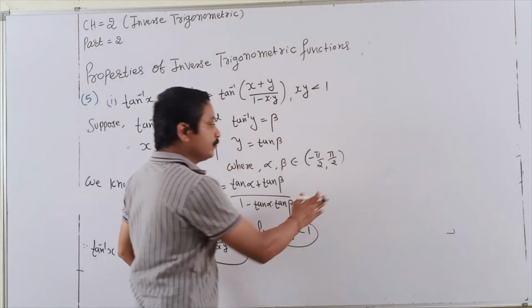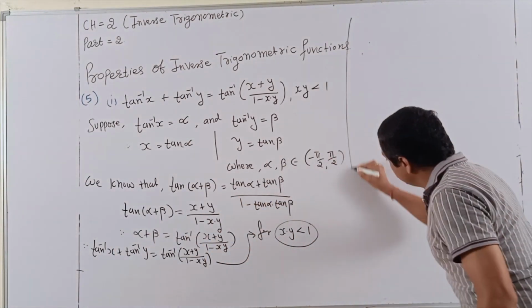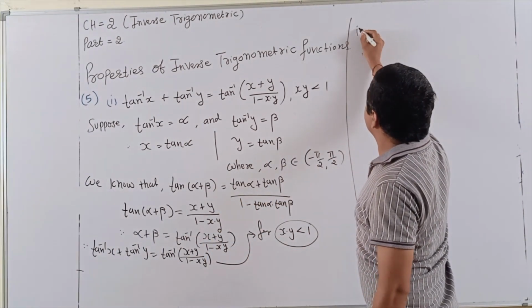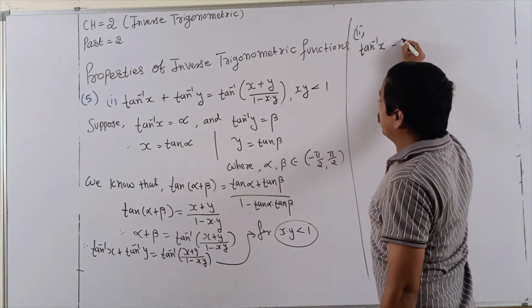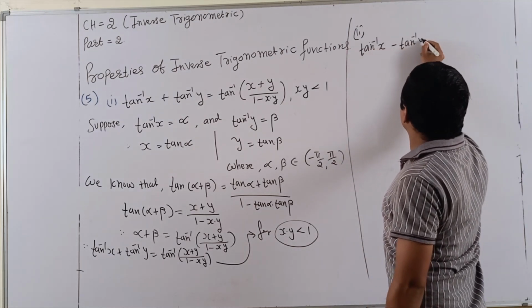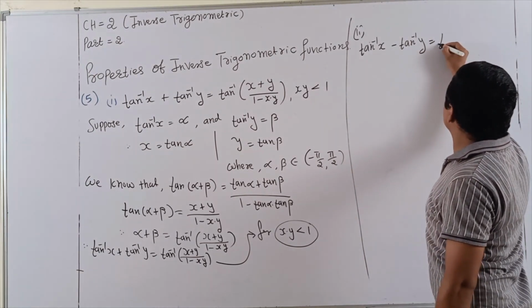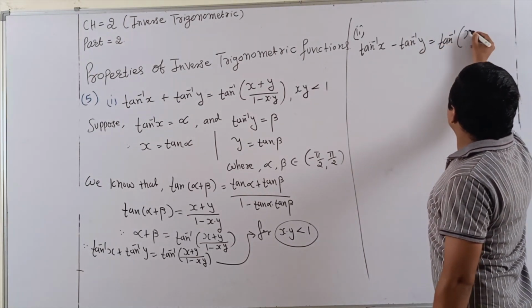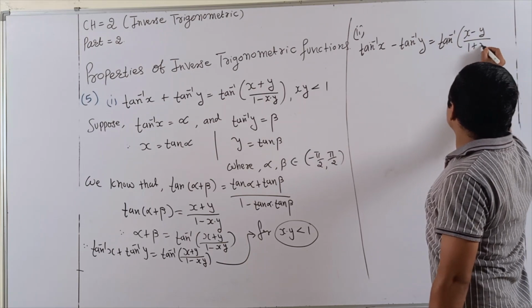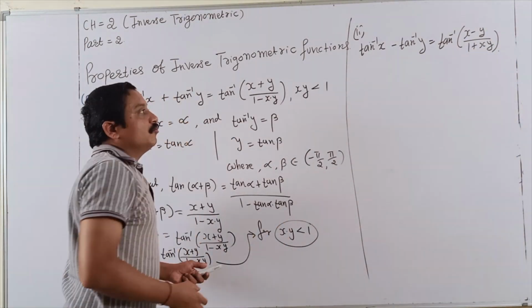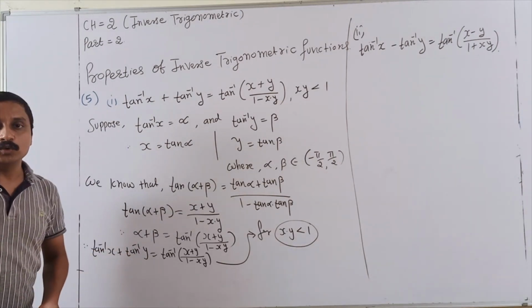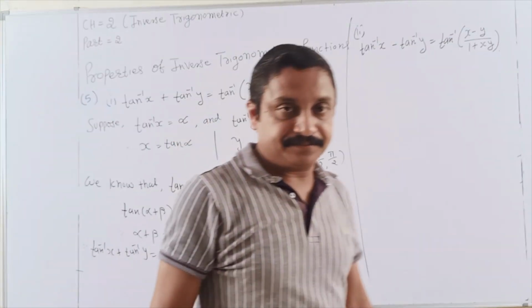The same goes for property number two: tan inverse x minus tan inverse y is equal to tan inverse of (x minus y) by (1 plus xy). This case is also very easy to prove, the second one.